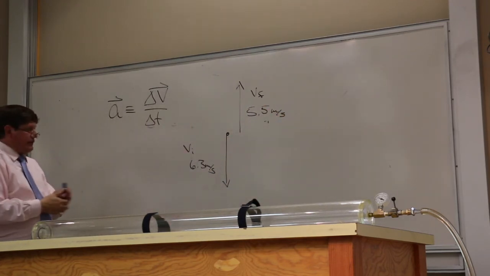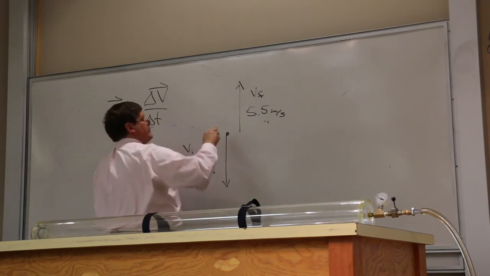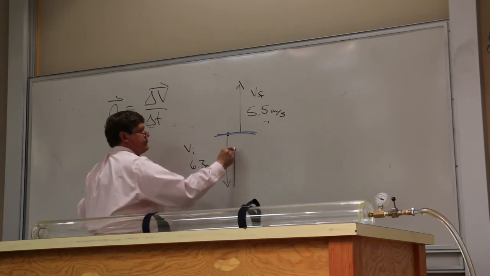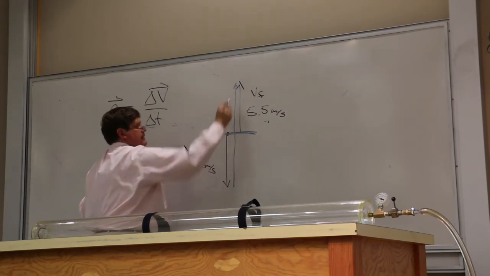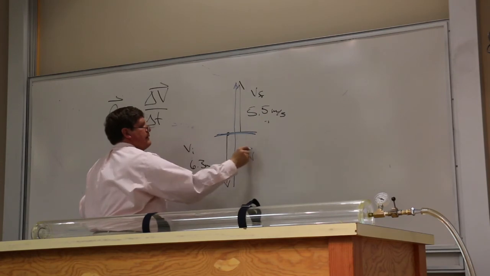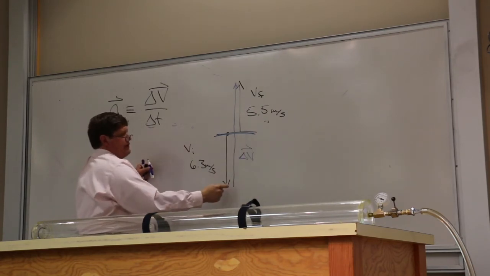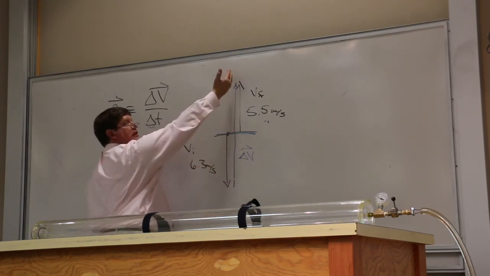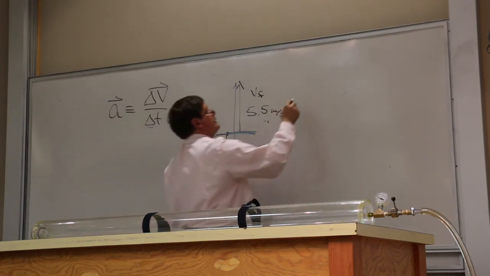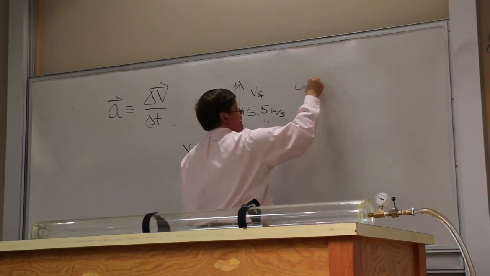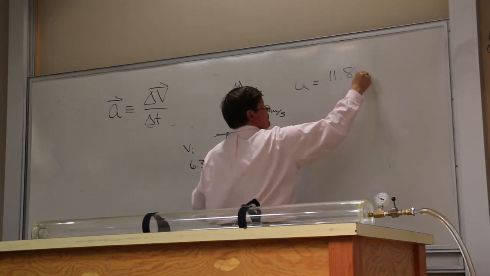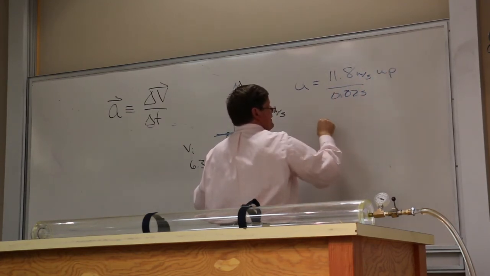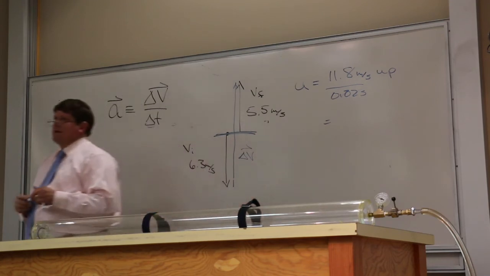Now the change vector, if I'm looking for a change, I put them tail to tail. And my change vector is what I have to add to my initial to get my final. That's my change. That change has to bring the initial up to 0 and out the other way. And so that is going to give me an acceleration of 11.8 meters per second up over 0.02 seconds. That's going to give me the same answer. Okay.